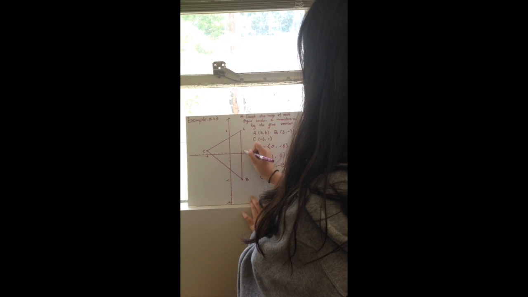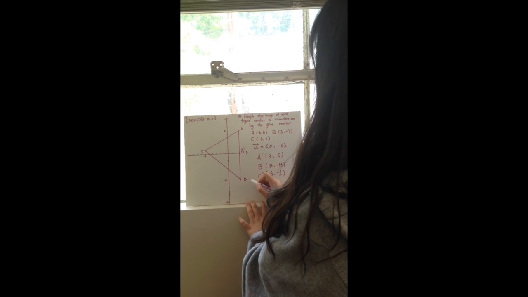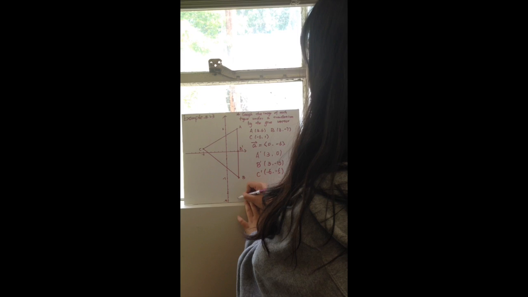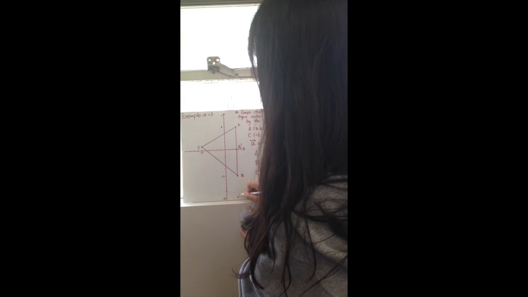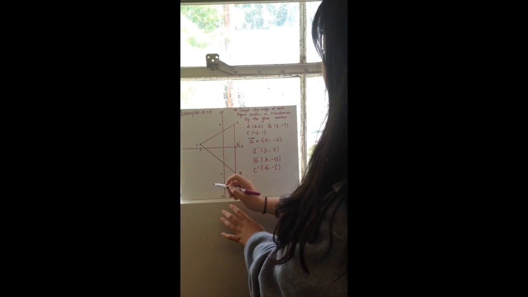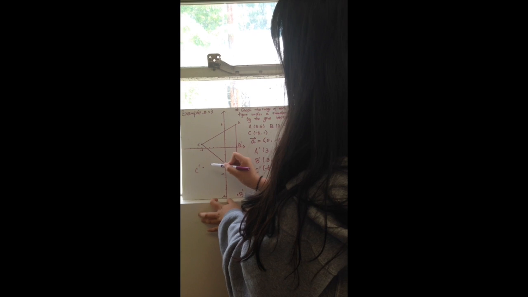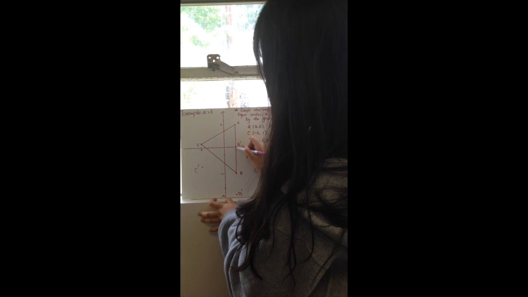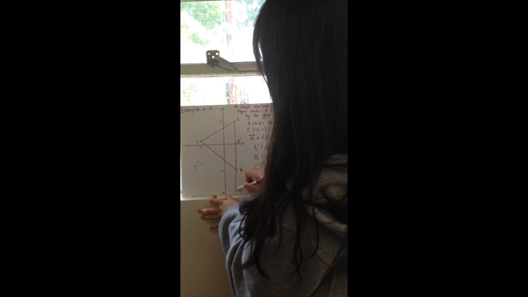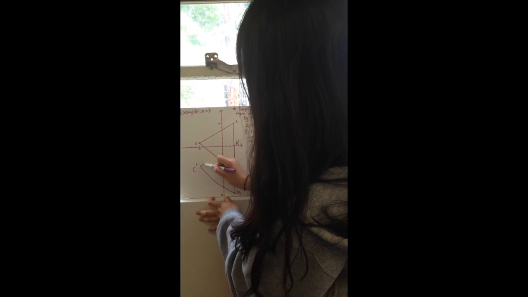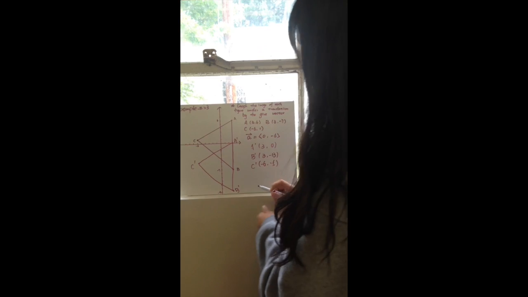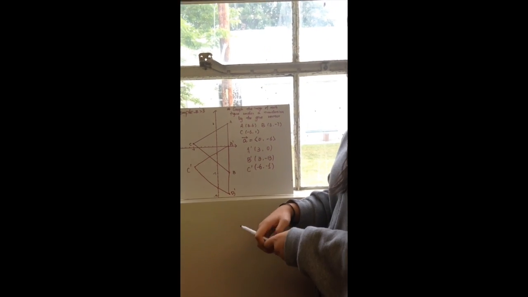Here are A prime, B prime, and C prime, and connect A prime, B prime, C prime. That's our triangle A prime, B prime, C prime.